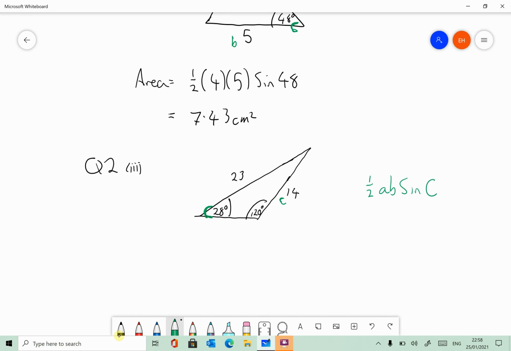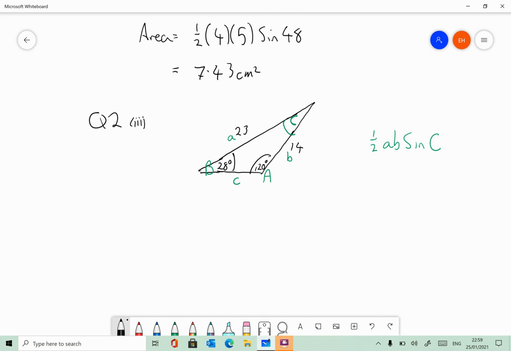I need to know the sides A and B. So that's forcing me into calling the sides that I have A and B. So that means that the 28 is actually the uppercase B, and the 120 degrees is the uppercase A. That means that the angle, that big angle there, must be uppercase C, which means that's lowercase c down here. So I need to find the size of this angle C.